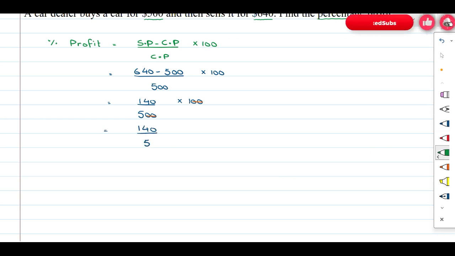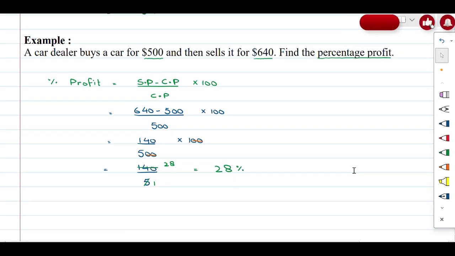Let me simplify it. 5 times 1 is 5, 5 times 2 is 10, and 5 times 8 is 40. So that is just 28%. So 28% is the profit percent. When a car dealer buys a car for 500 and sells it for 640, he will get 28% profit.